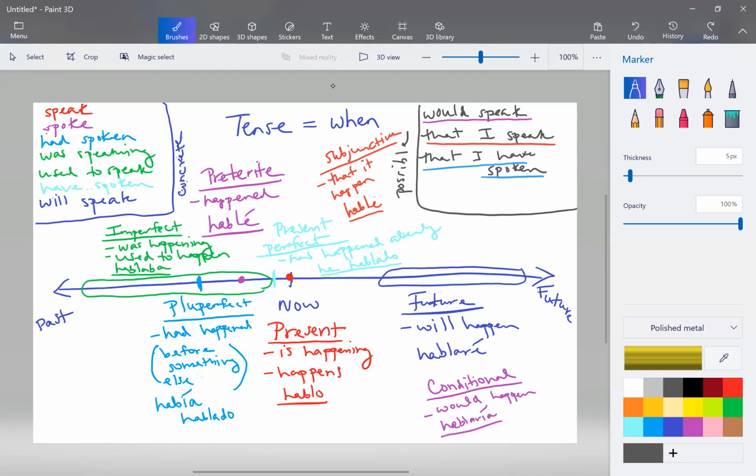The last tense we're going to look at right now is the present perfect subjunctive. Which would be that it has happened.